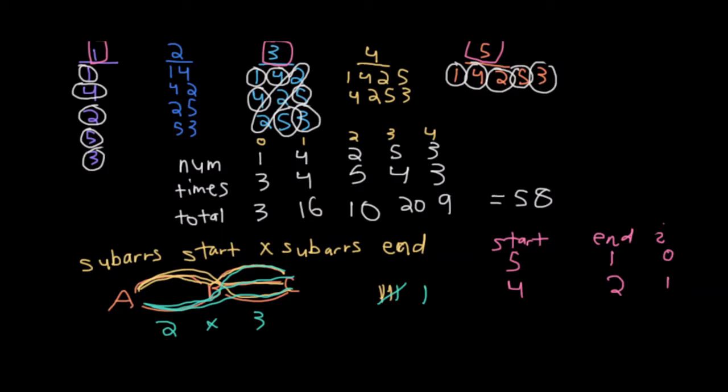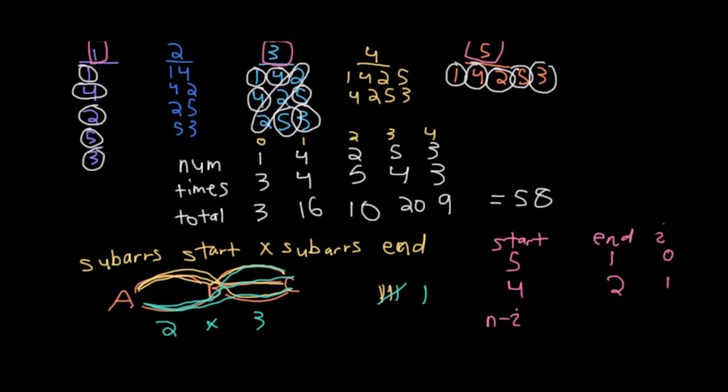And you might be able to see the pattern that in general, the number of subarrays that start from whatever index you're looking at is n minus i, where n is the length of the array and i is whatever index you're looking at. So when i was 0, 5 minus 0 is 5.